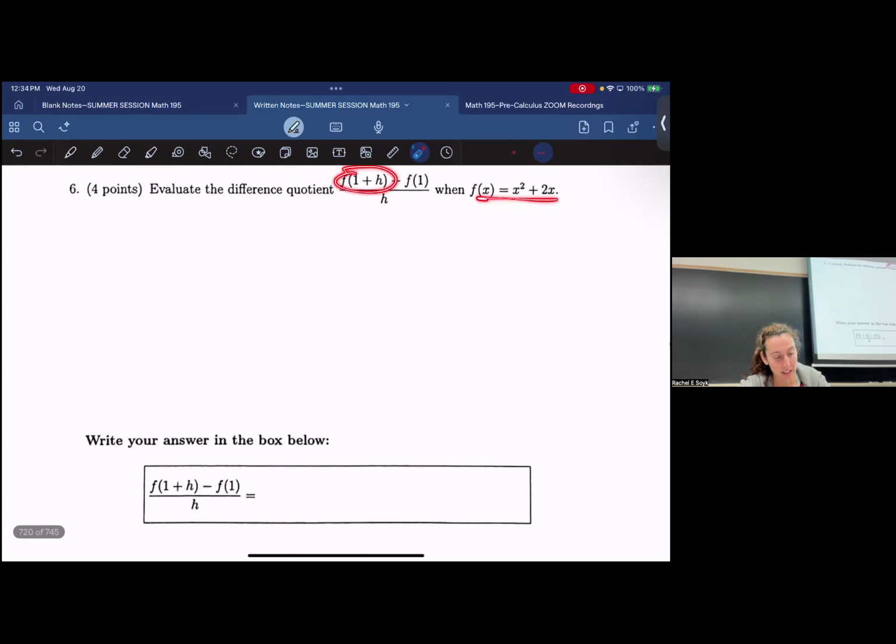So 1 plus h, wherever you see an x, you're going to draw some parentheses. And then you're going to fill those parentheses with that 1 plus h. And then we have a minus f of 1. So again, draw your parentheses and then fill those parentheses with a 1.